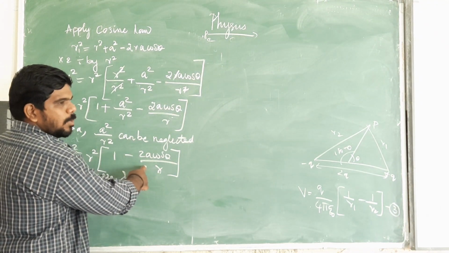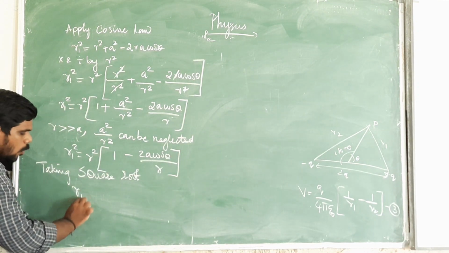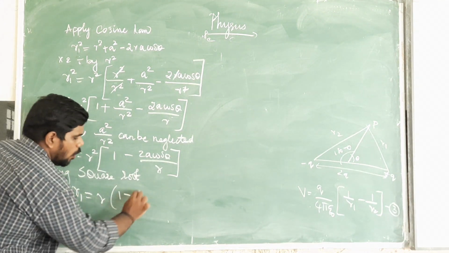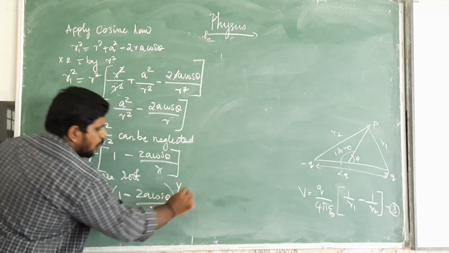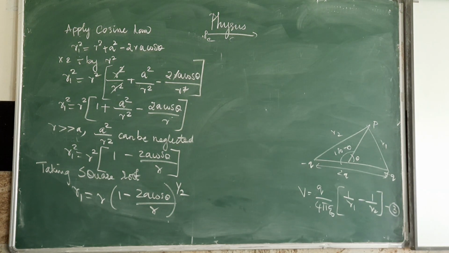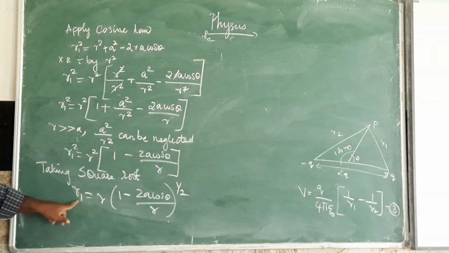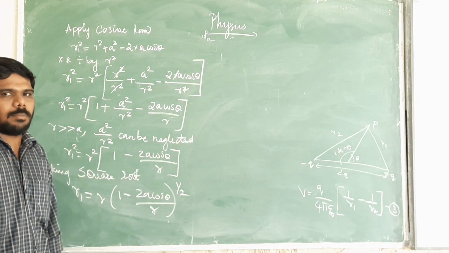If we take a root, the power will be represented by power of 1 by 2. Right? R1 is equal to R into 1 minus 2a cos theta by R, the whole power 1 by 2.